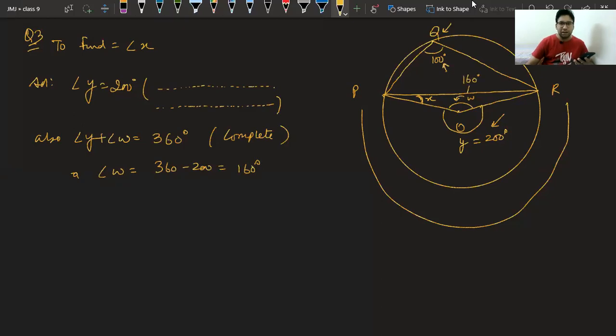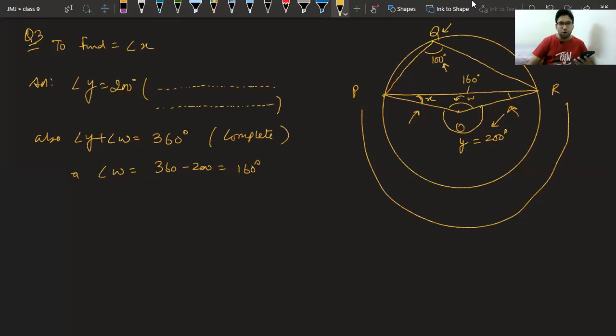Now tell me, what is the relation between angle OPR and angle ORP? They are equal because these two are radius. This is a triangle known as isosceles triangle.